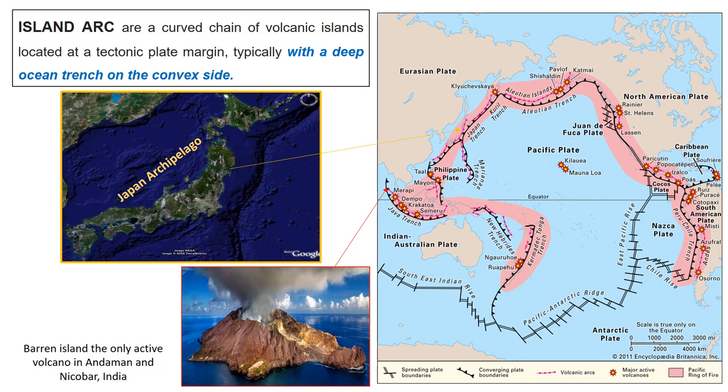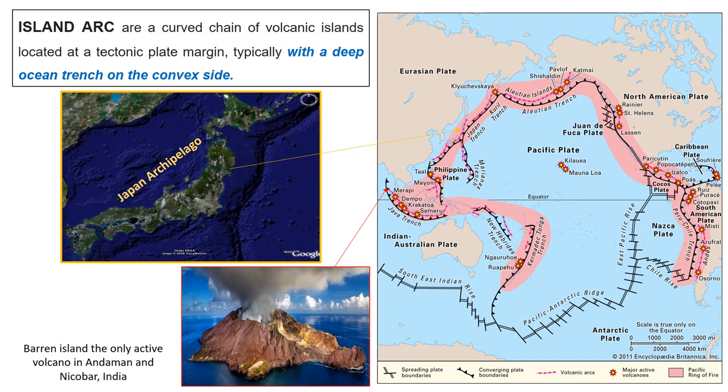All of these red and yellow spots are active volcanoes found all over the world, in particular here in the Pacific. So that is why this area is known as the Pacific Ring of Fire. And these volcanic islands are formed because of the presence of oceanic trenches.